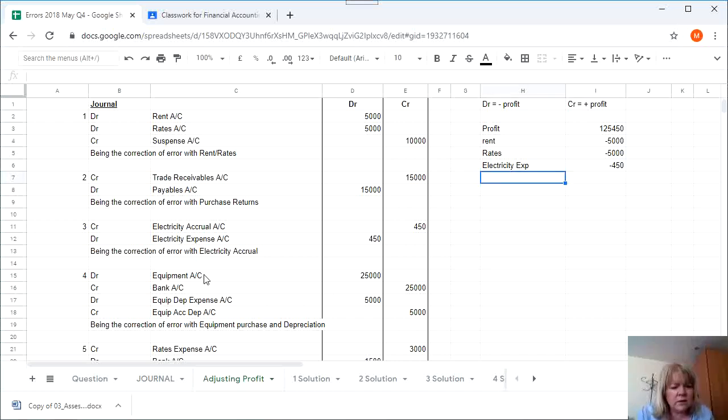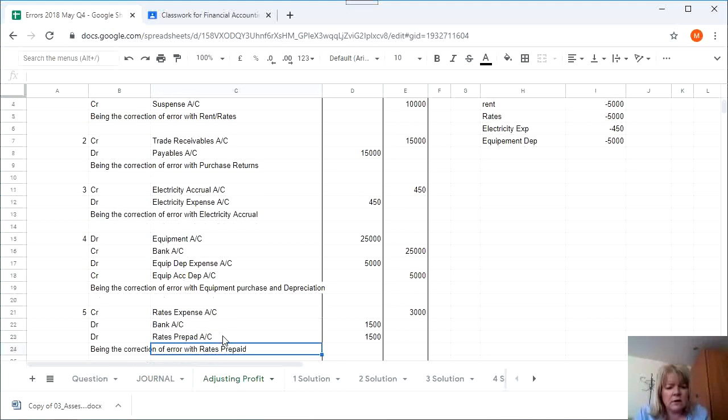Continuing down along, the equipment is an asset, bank is an asset, hopefully, and equipment depreciation is the next one that affects profit. And that was a debit of 5,000. And the accumulated depreciation is in the balance sheet, so that doesn't affect my profit.